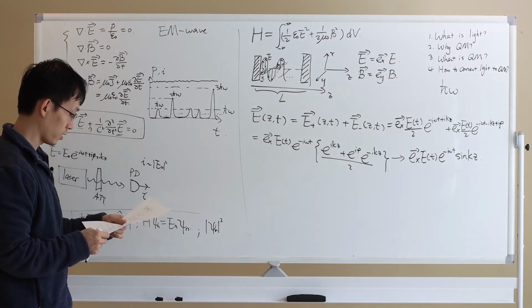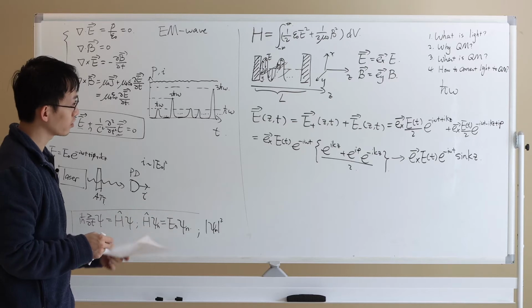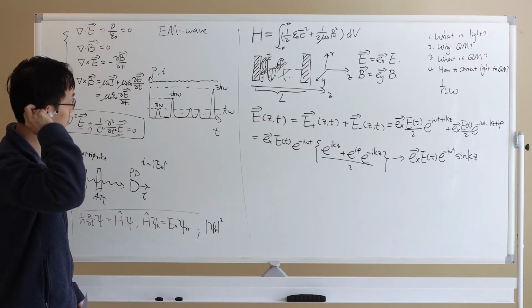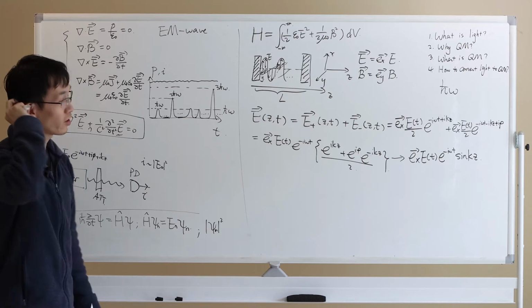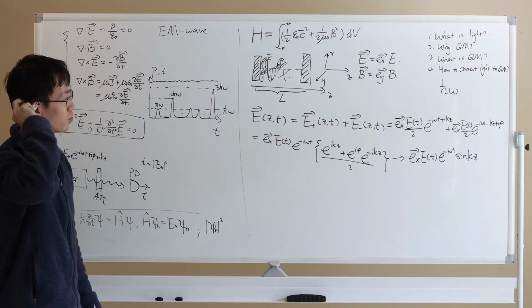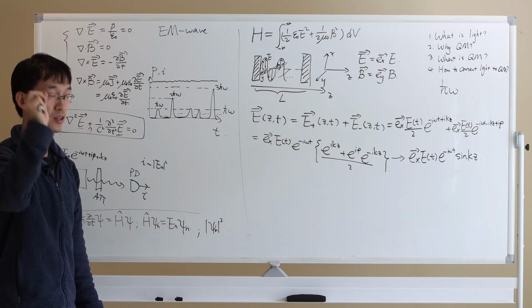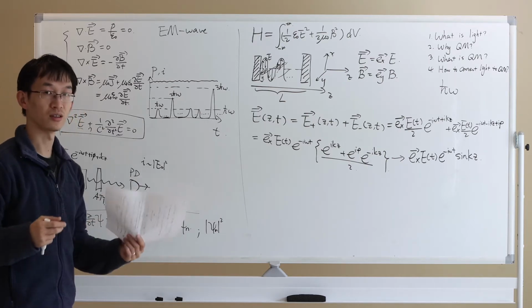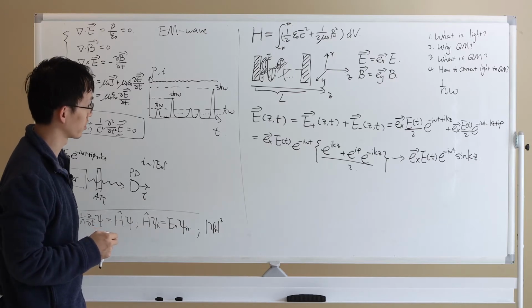Okay, and then we have to define something next, and it will look kind of awkward in the beginning, but later I will explain why, and then you will see that it will make a lot of sense.